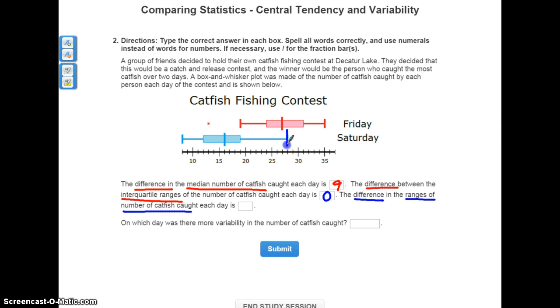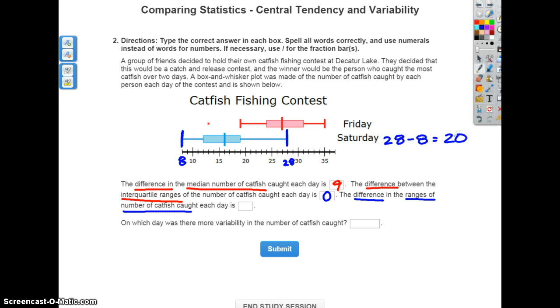So now you're looking at the top value of your whiskers. What's your top value there? 28. And then your bottom value is all the way down here, which is 8. So if I have to find the range there for Saturday, I'm taking 28 minus 8, which is 20.